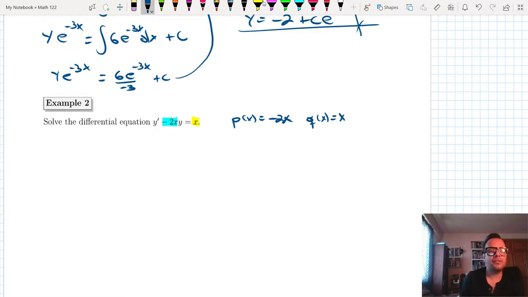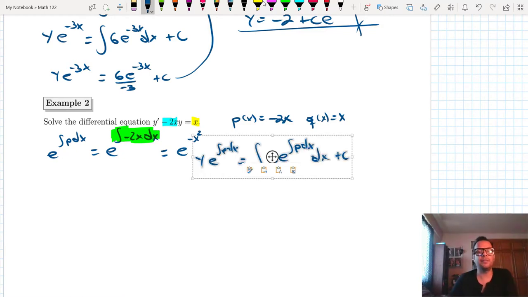So first let's calculate the e to the integral of p dx part, which will be e to the integral of negative 2x dx. Focus on the integral in the exponent, integrate that guy, the exponential base e just remains there, so the integral of negative 2x is negative x squared.